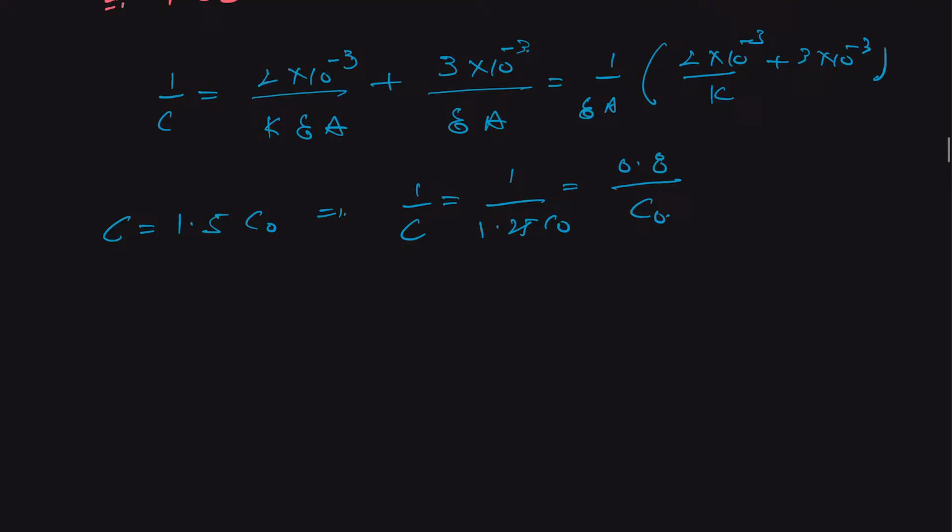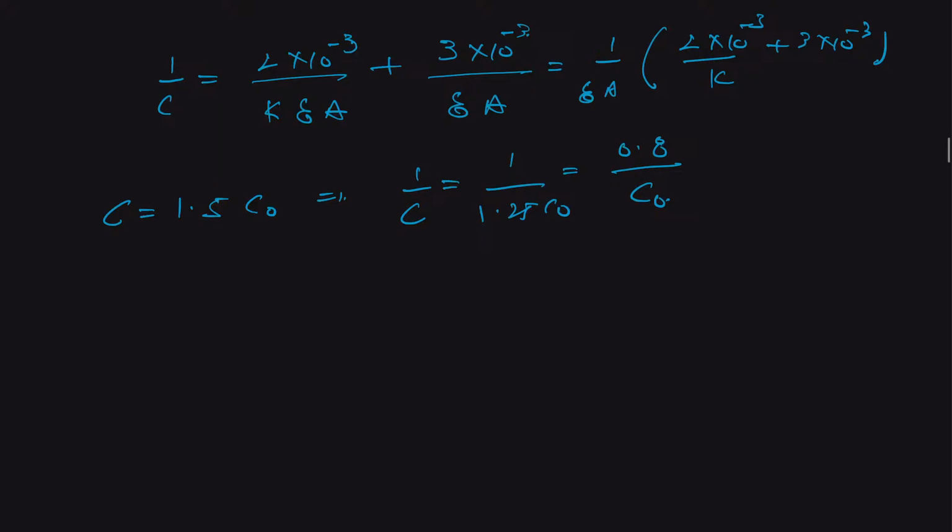And we already know the value of our C naught, so we know that 1 upon C naught is equal to 5 into 10 to the power minus 3 upon epsilon A.